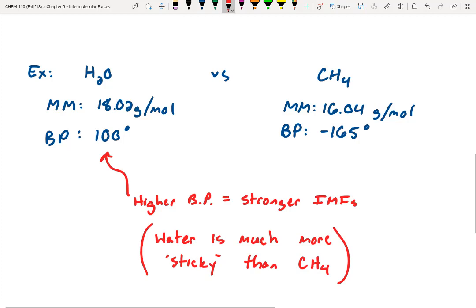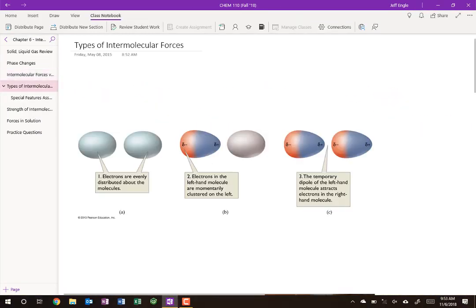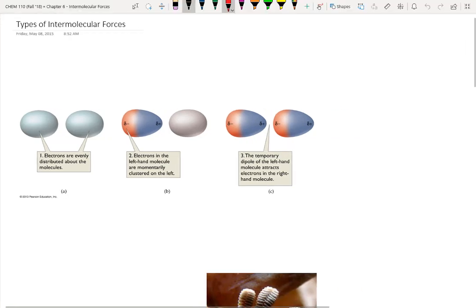So next what we're going to do is we're going to try to name some of these interactions, and there's a whole bunch of them. We're just going to hit the main important ones. And the first one goes by a variety of different names. It's kind of like a tomato-tomato situation. This can be called dispersion. It can be called van der Waals forces.